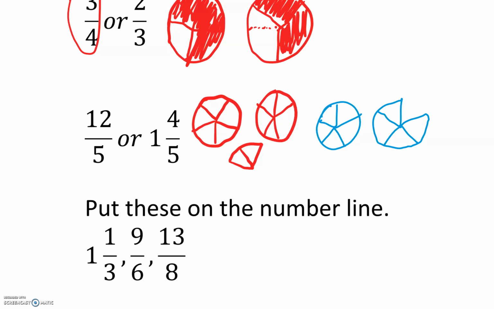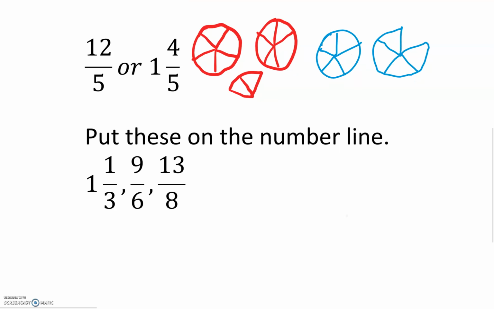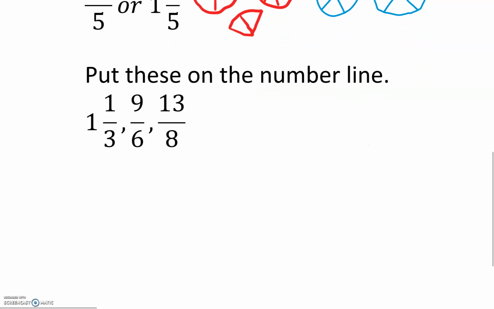There you go. So you can see that this is 1 and 4/5, and yet it's smaller than the other one. So then 12/5.